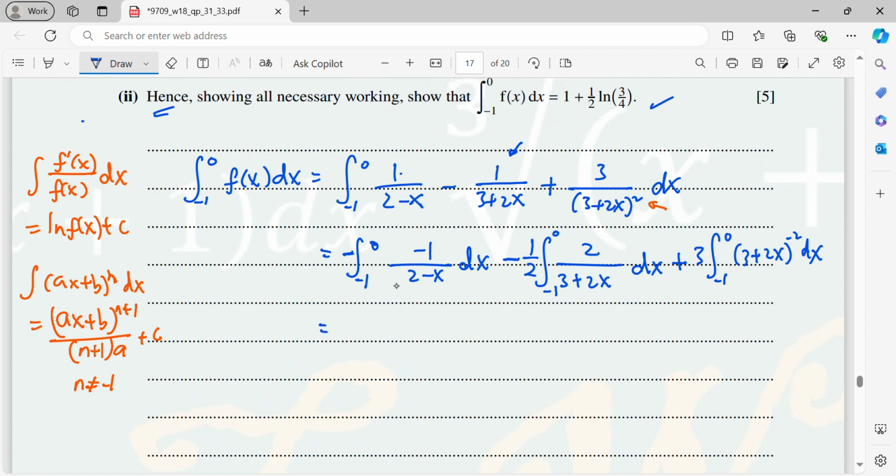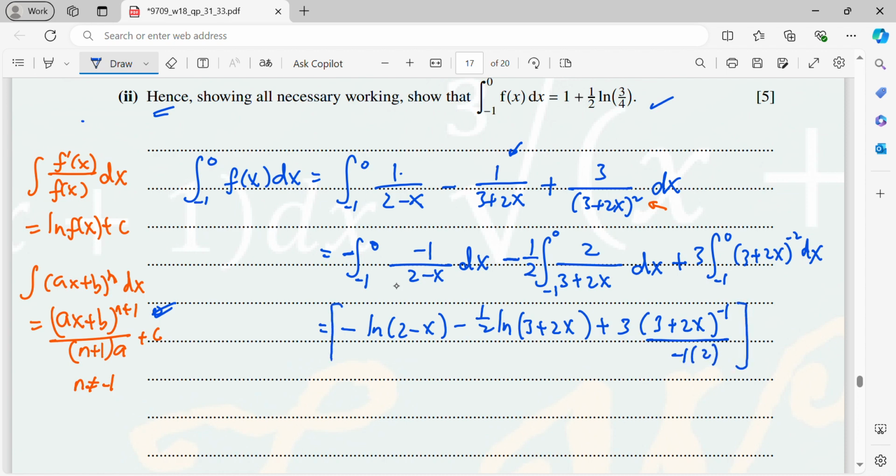So now for the first one, that is negative ln of 2 minus x. Second one is negative half ln 3 plus 2x. And then the last one, it will be using this formula. Rewrite the 3 plus 2x degree. Now minus 2 plus 1 is minus 1. Then over minus 1, and differentiate 3 plus 2x, that is 2. Now with limits minus 1 to 0.